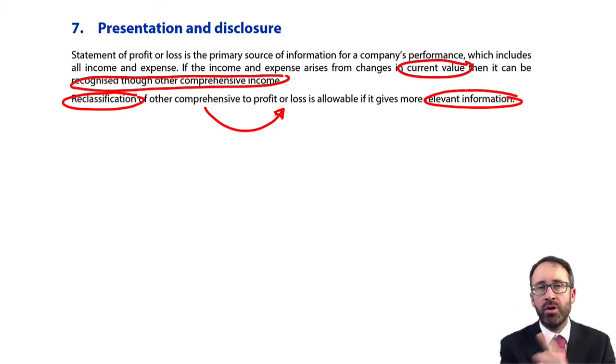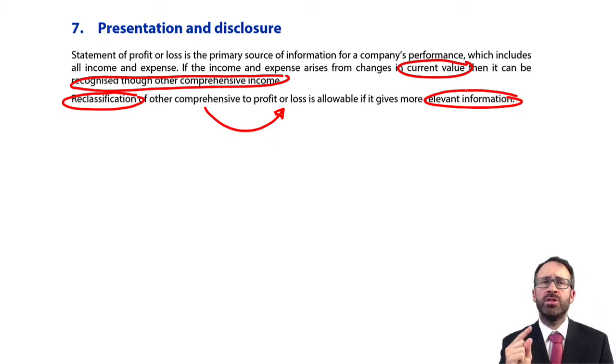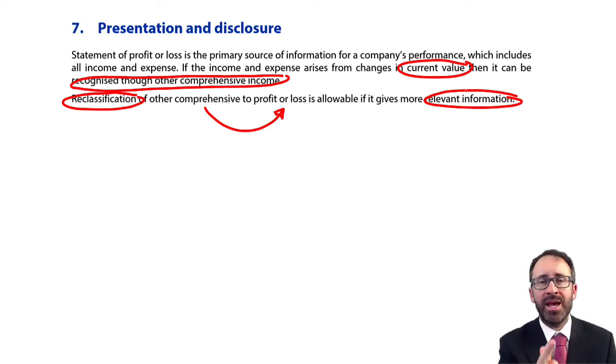If not, just process it as a reserve transfer, which is effectively what we do with regards to PPE once it's been revalued. The gain goes through OCI into your revaluation surplus, and then when that asset is derecognised, we do a reserve transfer that takes the gain from your revaluation surplus into your retained earnings through the statement of changes in equity, because it's not more relevant to reclassify it to profit or loss, because that gain was made several years ago.